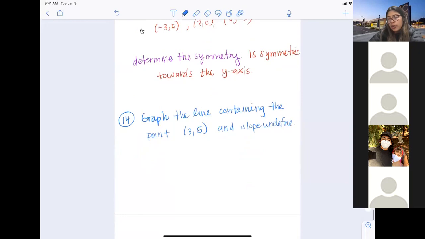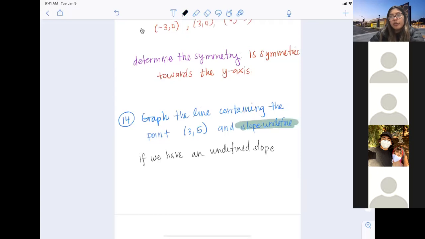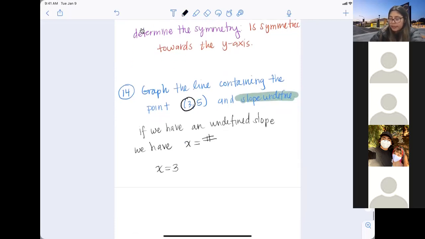So what do we know about a slope being undefined? If we have an undefined slope, we have a vertical line. That's what it means. We have x equals a number. Well, what number do we have? Well, we're given 3. So the equation is x equals 3. This is the line that I need to graph.